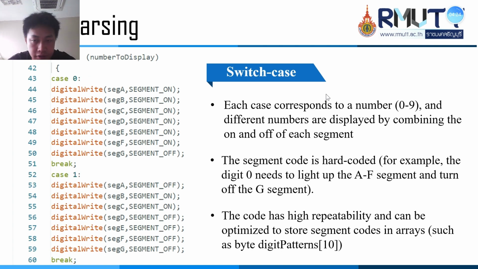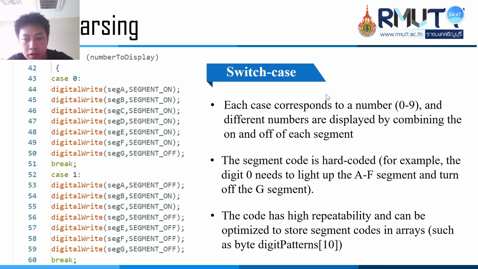Okay, let's see the main part of this code. It's the switch case. Each case corresponds to a number from 0 to 9, and different numbers are displayed by combining the on and off states of each segment. The segment code is hard coded.